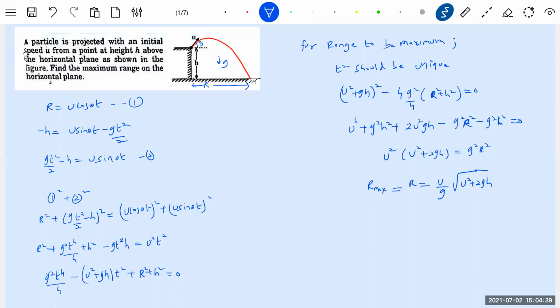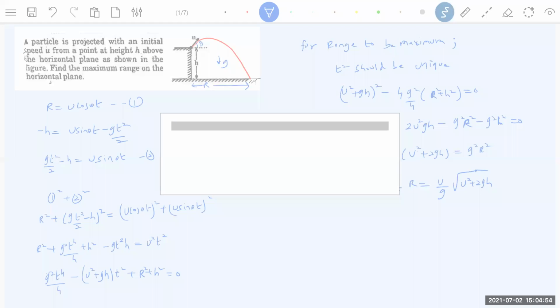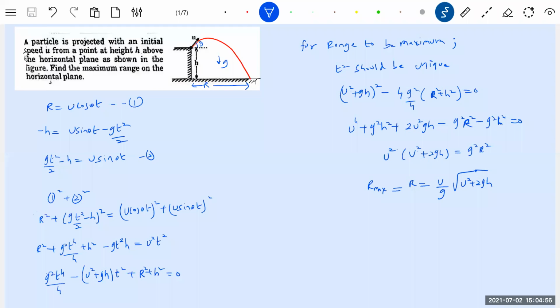Sir, here can't we take that if time is maximum, then range will be maximum? What you're saying, time is maximum?